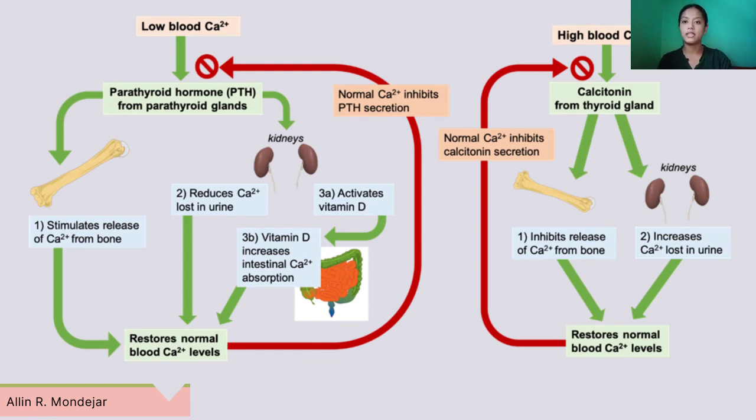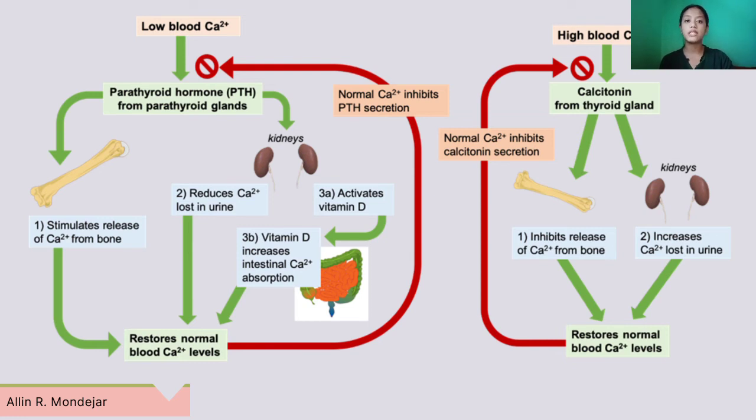When there is low calcium, PTH will be released by our parathyroid gland. Then it will stimulate first the release of calcium from our bone. How? By osteoclasts, or the breakdown of our bone, bone resorption or degradation, taking some nutrients, specifically calcium, and bringing it back to the bloodstream.